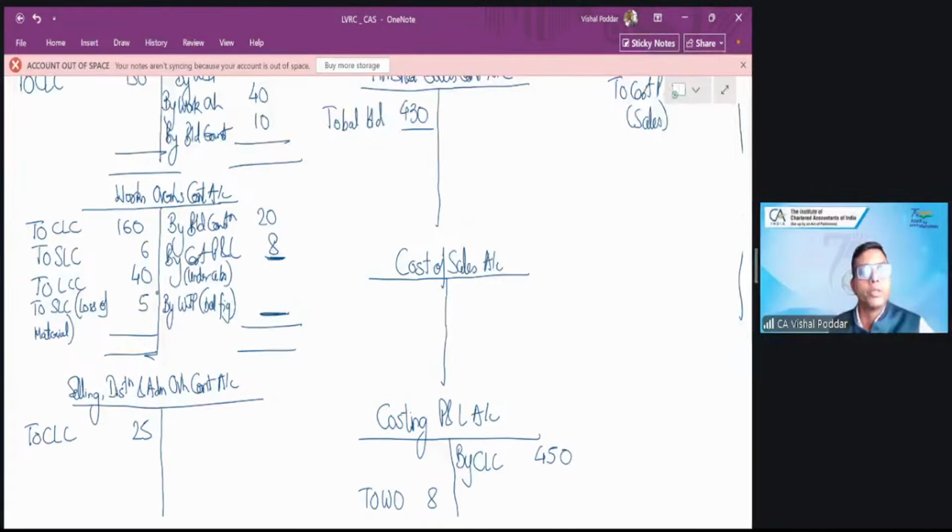So 160, 40 is 200, 211. Correct? 211 minus 8 is 203. 203 minus 20 is 183. 183 is the balancing figure, students.